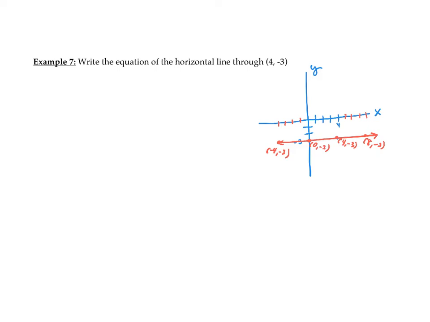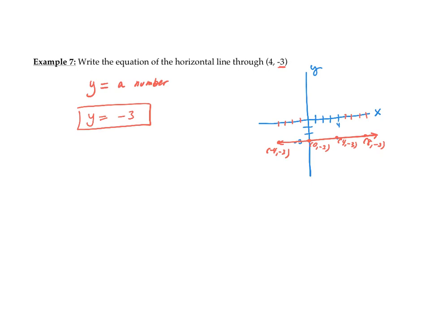Now, for a horizontal line, the equation is always y equals a number. And in this case, y is equal to -3. And that's all you do, right? You are stating for this line, y is always equal to -3.